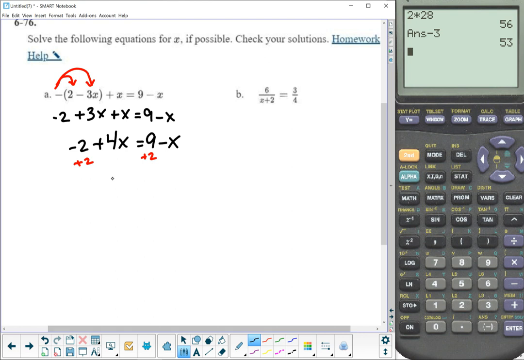So I will have 4X equals 11 minus X. And next I'm going to go ahead and add X to both sides. And when we say add X, we really mean 1X, right? So I will get 5 X's equals 11.